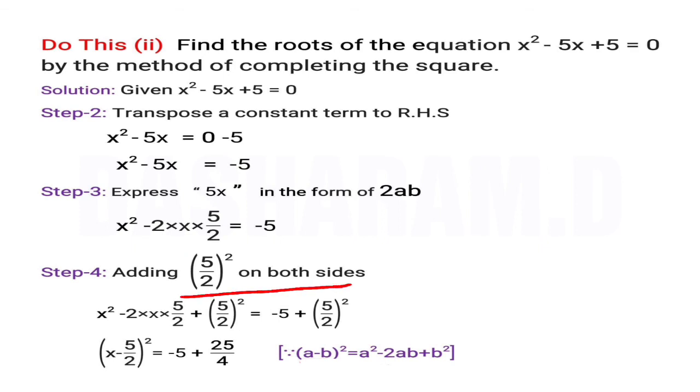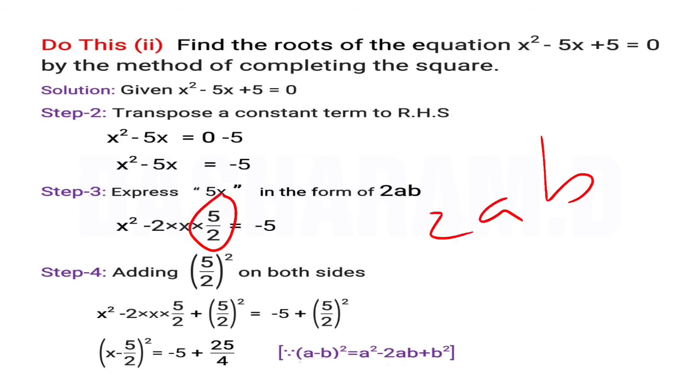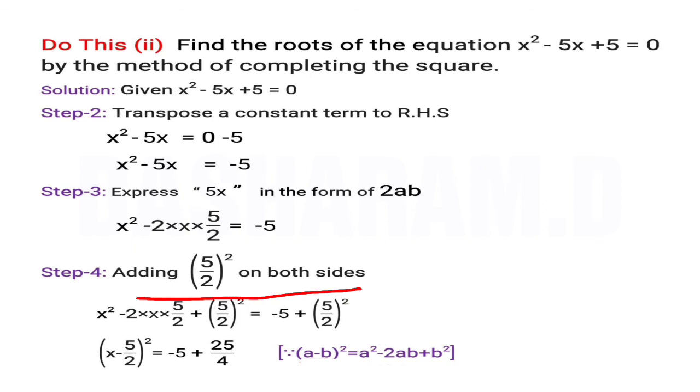Because here, what is the b value? In 2ab, the b value is 5/2. So we should add (5/2)² on both sides. Left side (5/2)² is added and right side also (5/2)² is added.